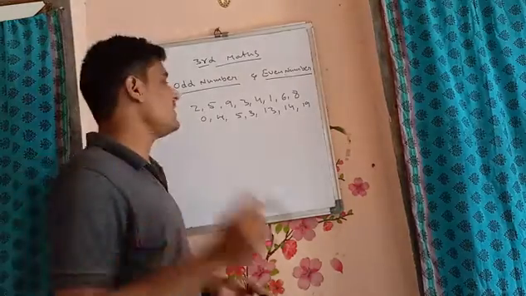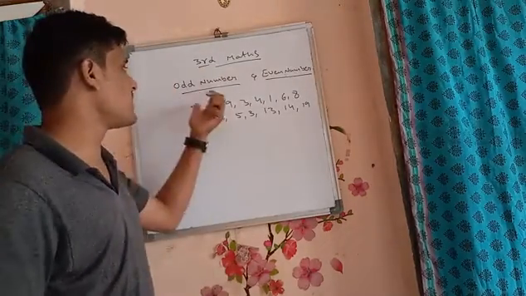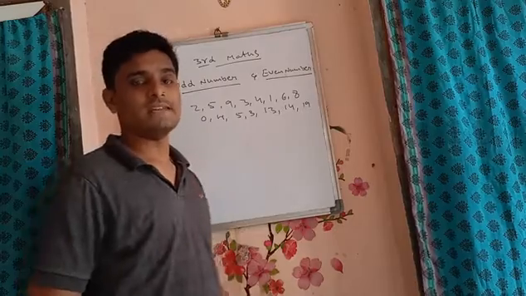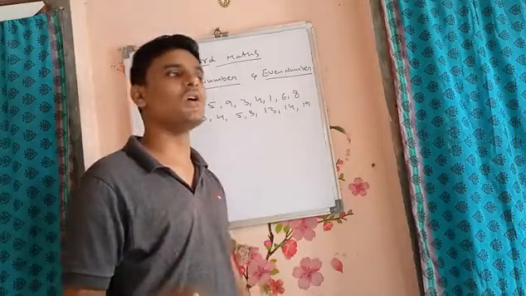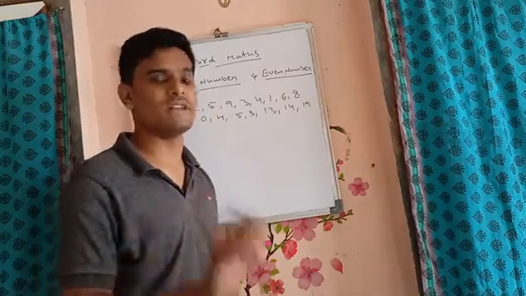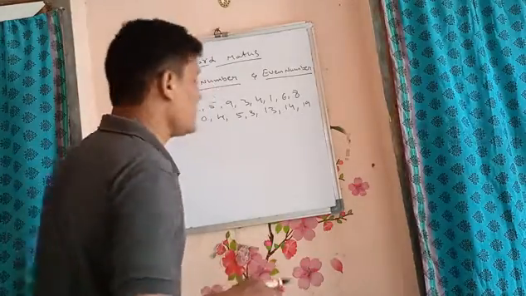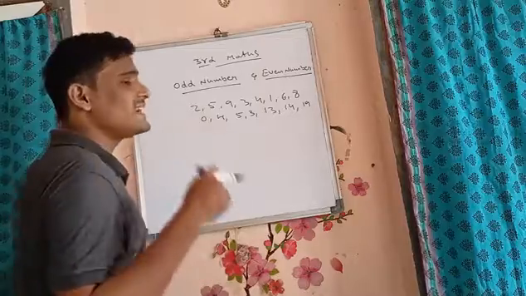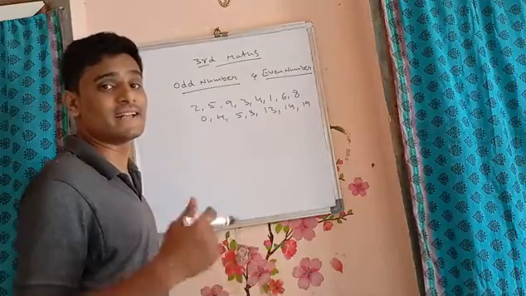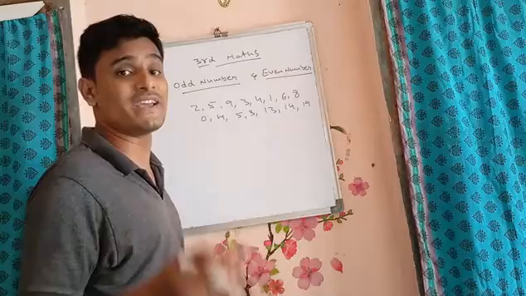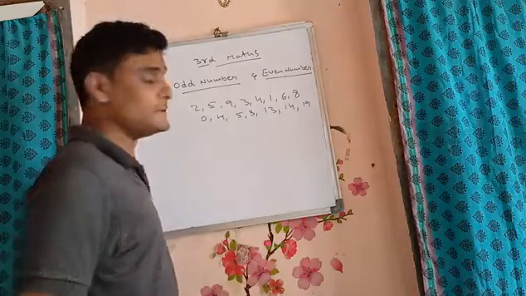If you want to find out which is the odd number and which is the even number, listen carefully. If any number divides exactly by 2 and the remainder is 0, then we call that number an even number.